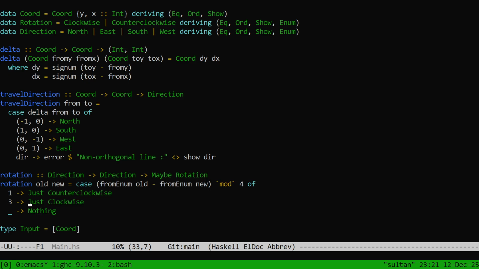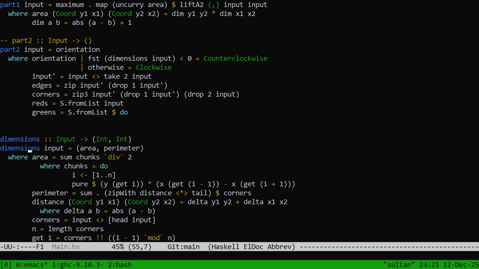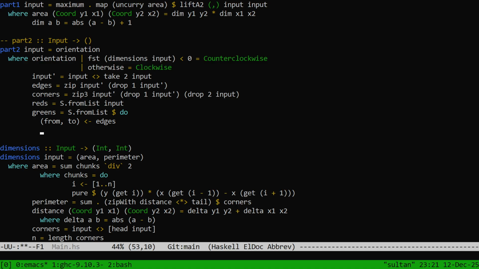So I have this delta thing, which I was using here. Yeah. From 2, edges, right? Dir is step?